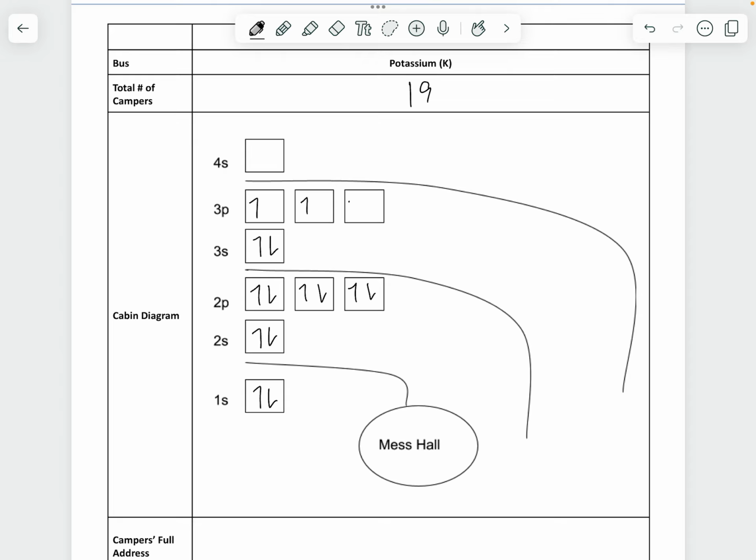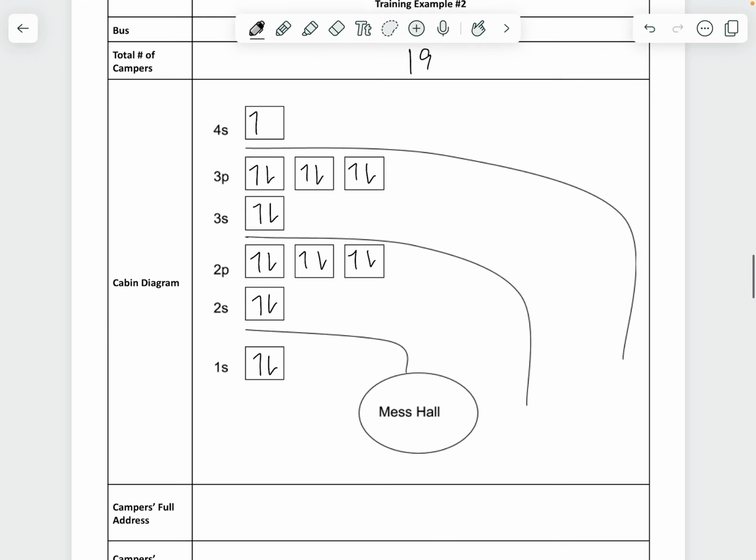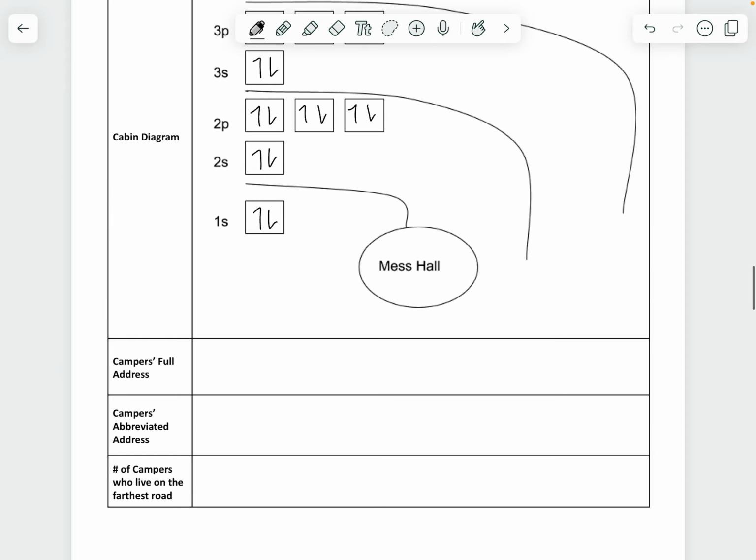And we keep going, and notice anytime there's multiple cabins in an area, I have to single each camper before I double them up. And then we end at the 4s with only 1 there. So we say, okay, well, the address is 1s2, 2s2, 2p6, 3s2, 3p6, 4s1.